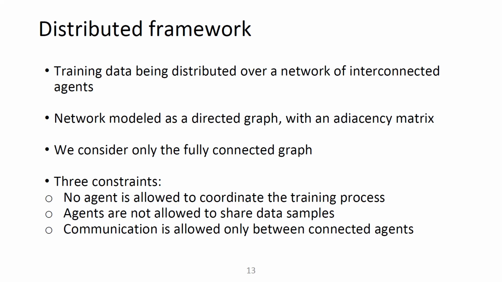So they are only able to share other information about their classifier, either the weights or other higher representations of the data. And third, the communication is allowed only between connected agents at step one. So if two agents are actually connected one to the other, they can communicate. If they are connected only through another agent, they do not communicate and are not able to contribute to the distributed solution.